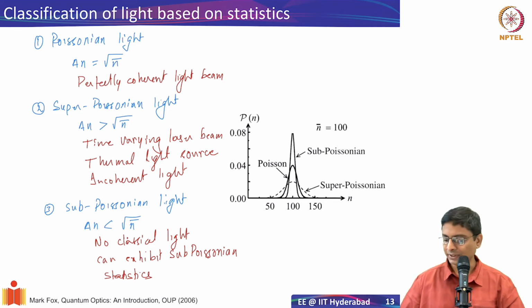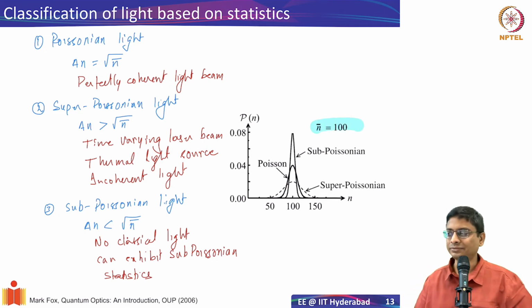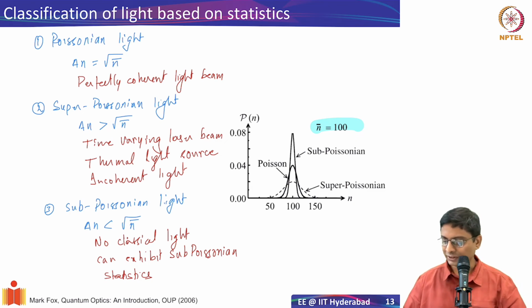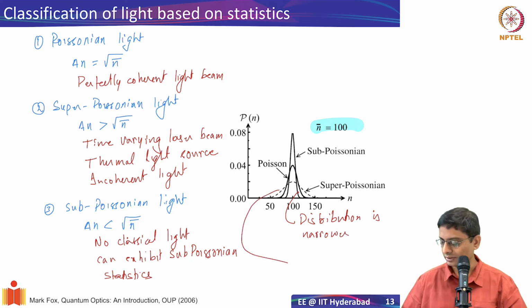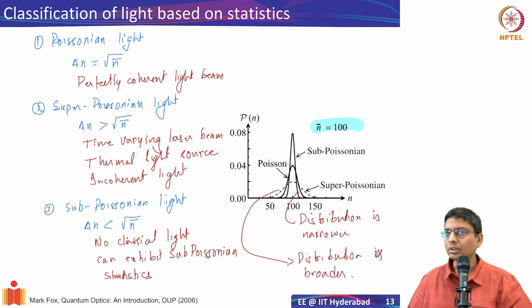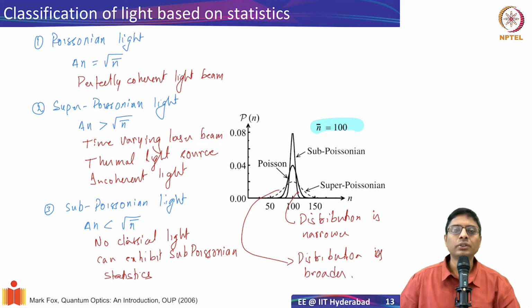All three graphs here have the same average photon number of 100. Okay. So if you have a Sub-Poissonian light, the distribution is narrower. In this case, the distribution is broader. Okay. So that's how you can classify light sources.